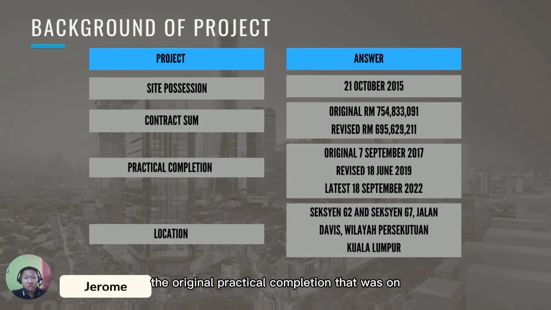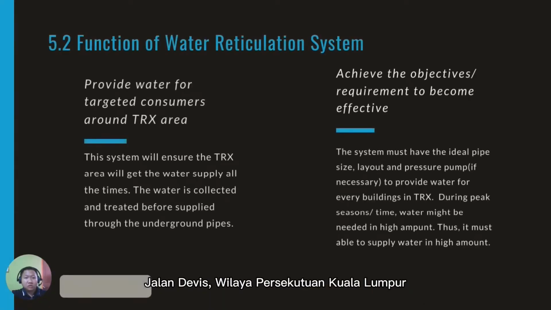The original practical completion date was 7 September 2017, while the revised one is the 18 June 2019, and the latest completion date is 18 September 2022. The location for this project is Section 62 and Section 67, Jalan Davis, Wilayah Persekutuan Kuala Lumpur.